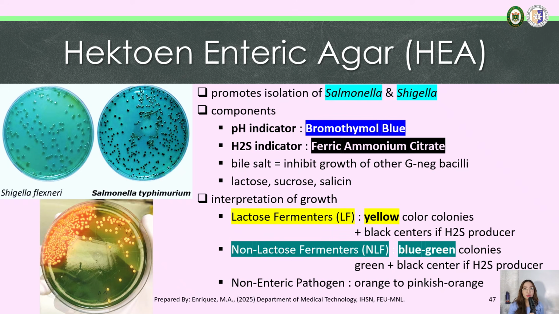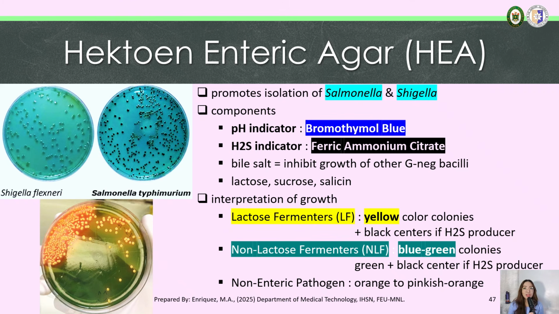All right. So lactose fermenting Enterobacterales members would be able to produce yellow colored colonies. Meanwhile, non-lactose fermenting organisms would produce blue-green colonies. Then, it depends on whether they produce hydrogen sulfide. If they do, then they would also have black centers.